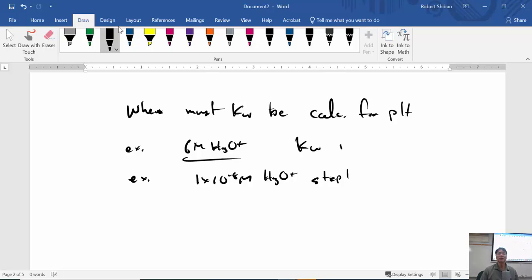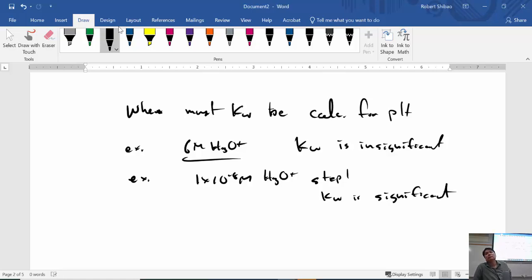So here, Kw is insignificant. Here, Kw is significant. If it's a problem where we know Kw is going to be insignificant, you still want us to calculate it? No, you don't have to calculate it, especially if it's just for pH. You can skip it.